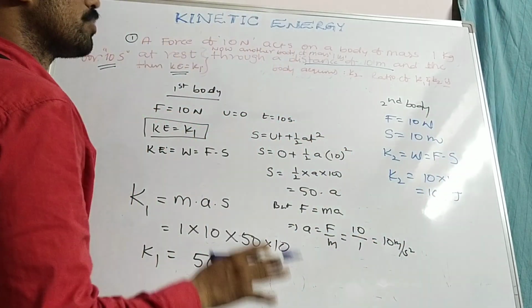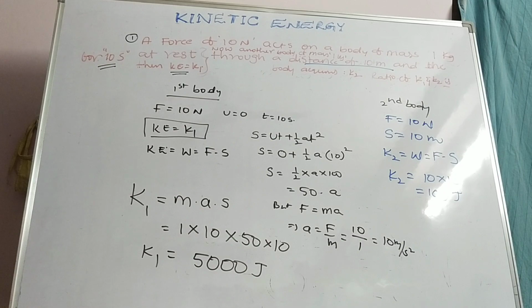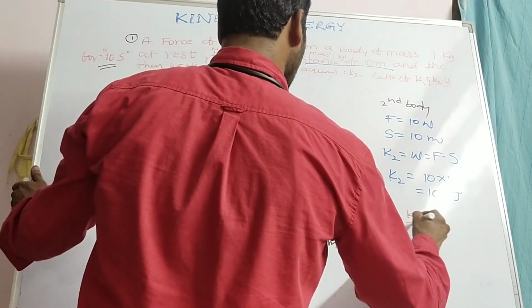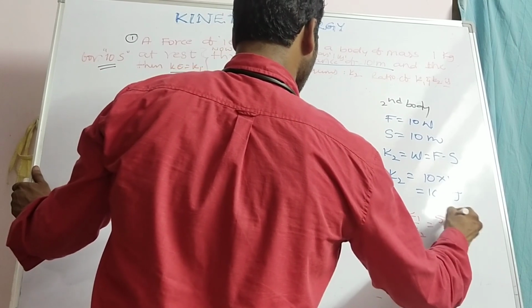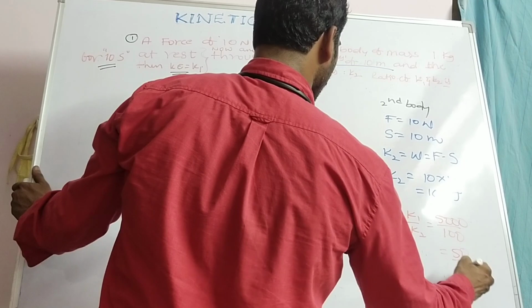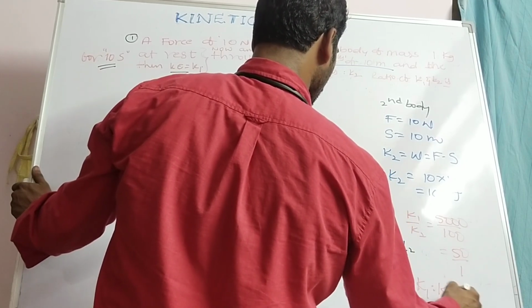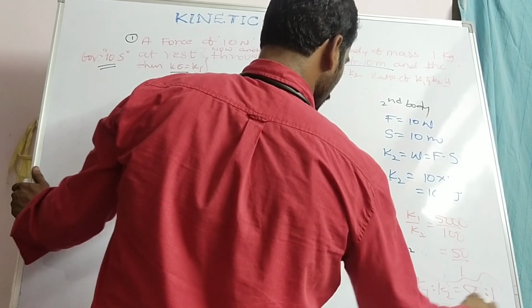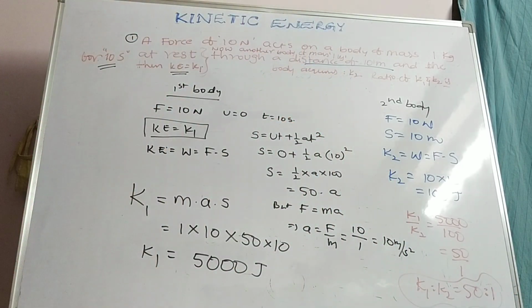We have to find the ratio of the two kinetic energies. So K1 by K2 is equal to 5000 by 100, that is equal to 50 by 1. So K1 is to K2 is equal to 50 is to 1.